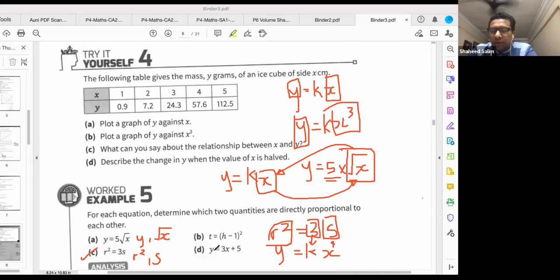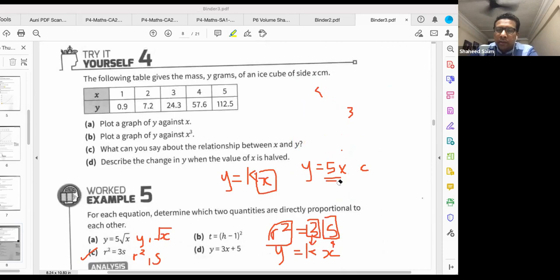Now these two are a little bit tricky. I do D first to show you. I need to make D in the same form of y equals kx. Remember, D doesn't look that way.